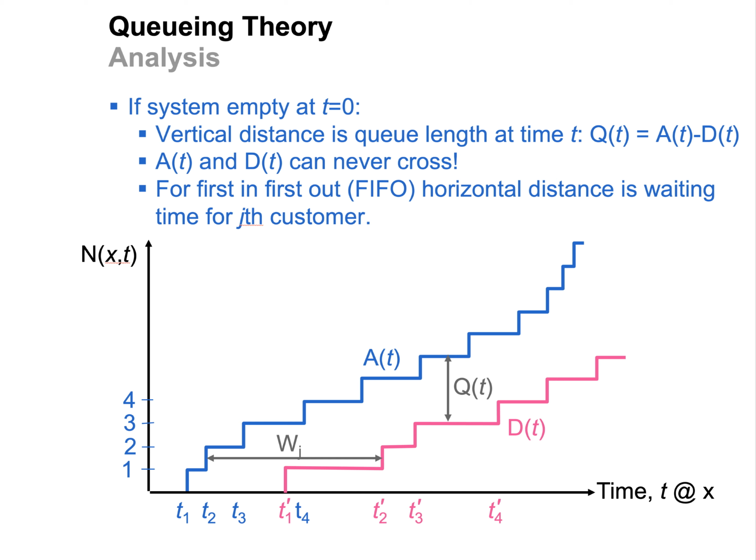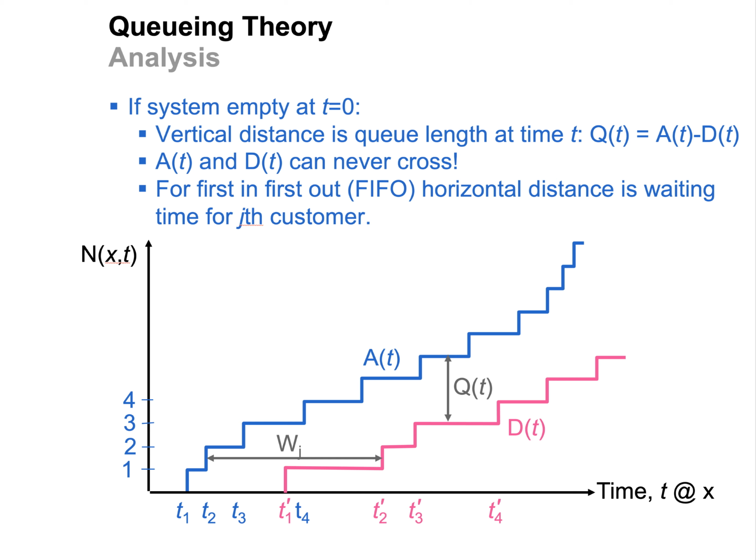And usually in transportation, we use a system called first in, first out, or FIFO. That means customer number 1 enters first, customer number 1 departs first. So usually in a simple queue like this, we assume first in, first out, or FIFO. So the horizontal distance is the waiting time for the jth customer.